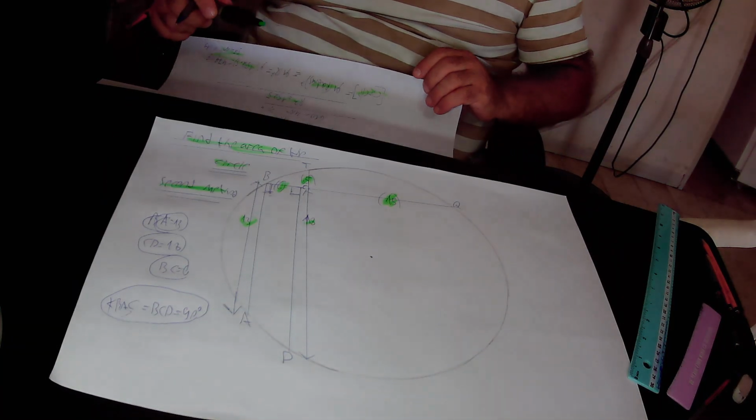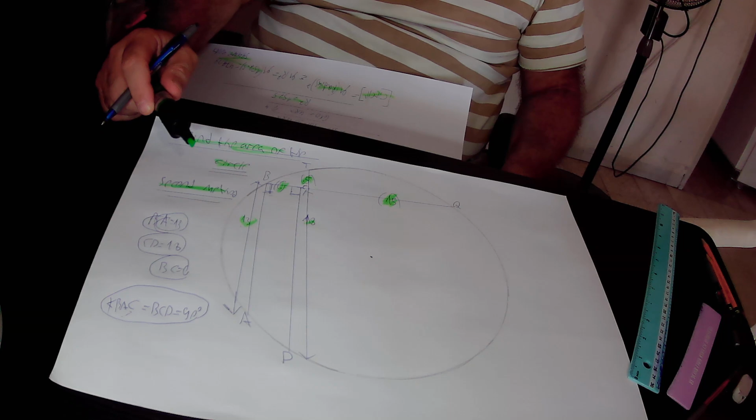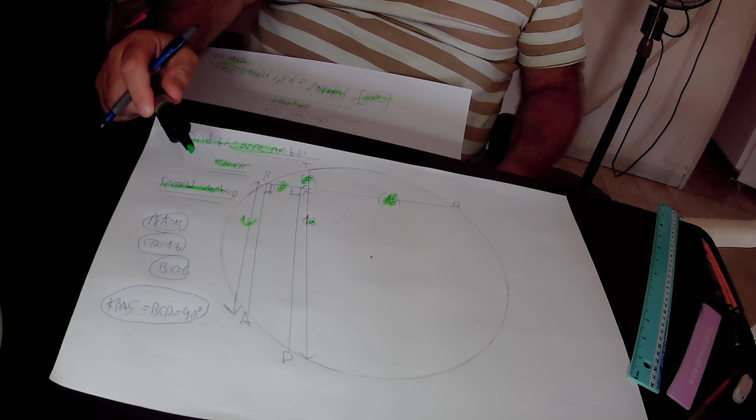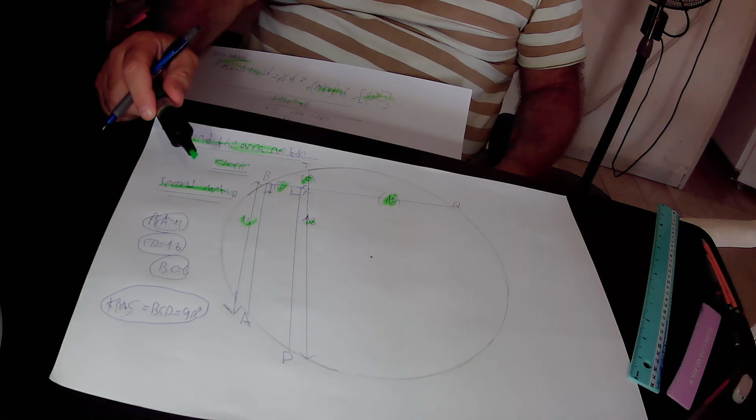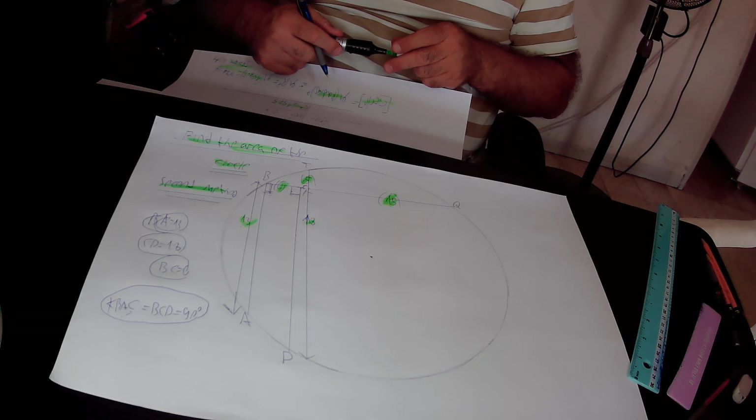The area of this circle is equal to either 152.5 pi square units, or in terms of numbers, 479.09 square units. So we finish with the second method and the second question.